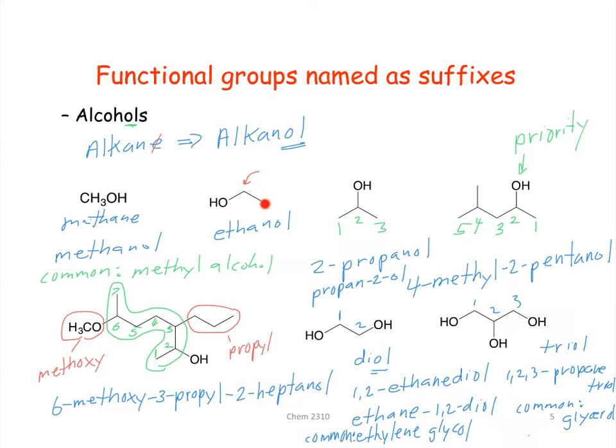It's only attached to one other carbon, so we call this primary alcohol. This one has two carbons attached, so this is a secondary alcohol, like this one, right? If we have a tertiary alcohol, we could have something like this, right? So we could have 3 different methyl groups, for example. This would be tertiary.